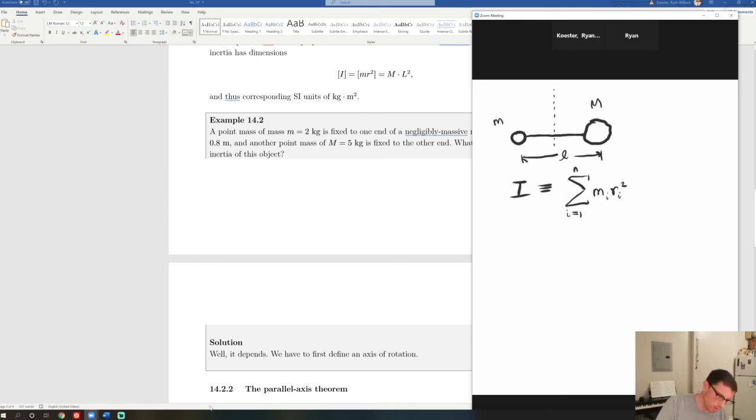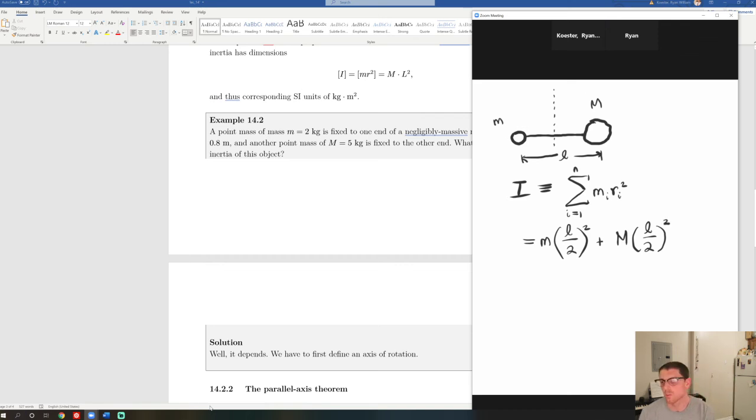And so here we would just have that the moment of inertia is the first mass, which is L over 2 away from our chosen axis of rotation, and we square this, plus the other mass, the big M, which is also L over 2 away from our chosen axis of rotation.